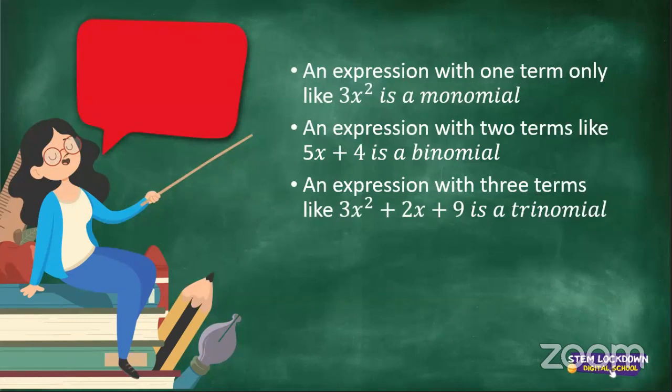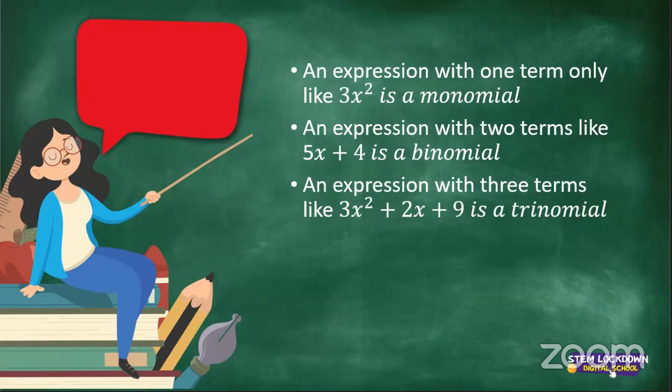It's known as a binomial. And the key word there being binomial, bi, which also means two. Different from bio, which means life. Bi meaning two, so there are two terms there.